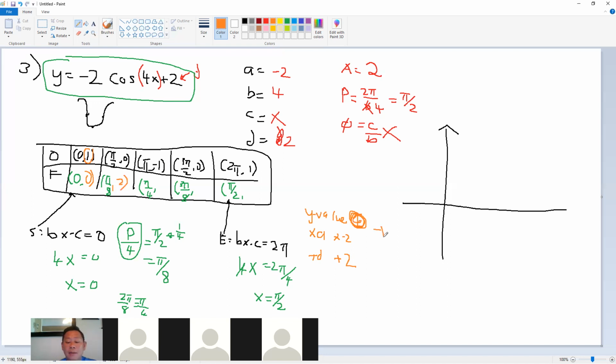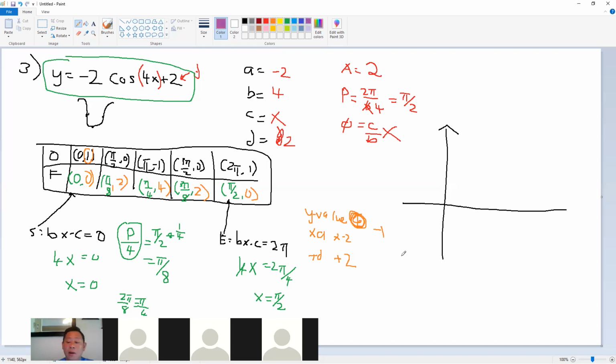So what is -1 times -2 and then add 2? 4. And then you do 0, and we did 0 already, you get 2. And we also did 1, you get 0. So these 5 final points are what you have to graph.